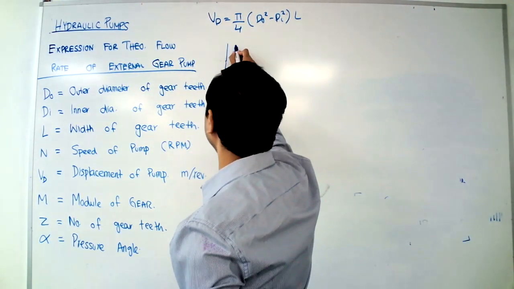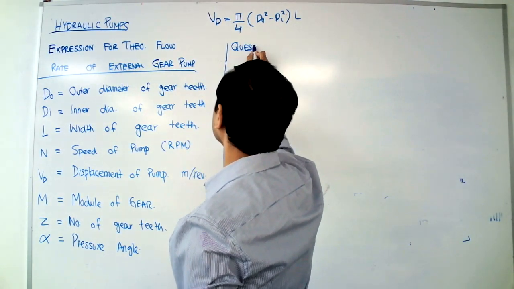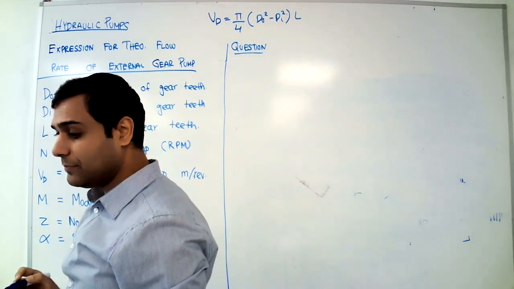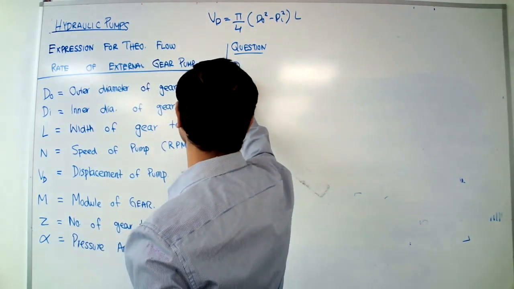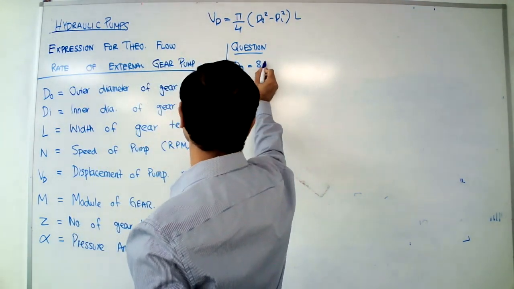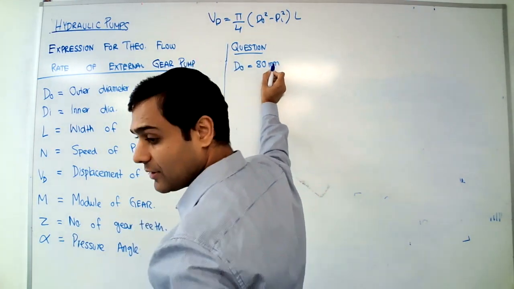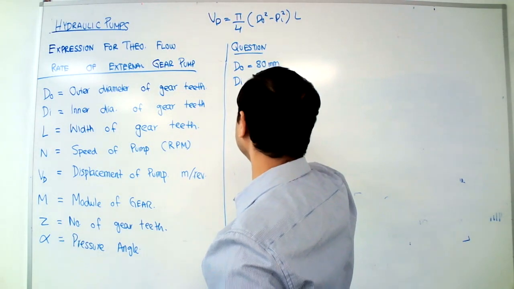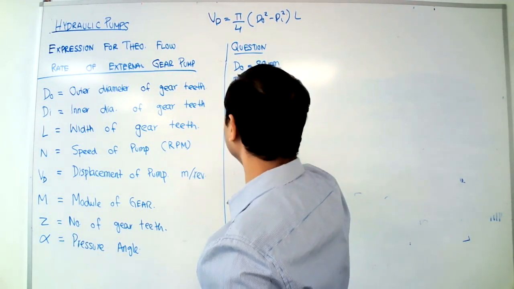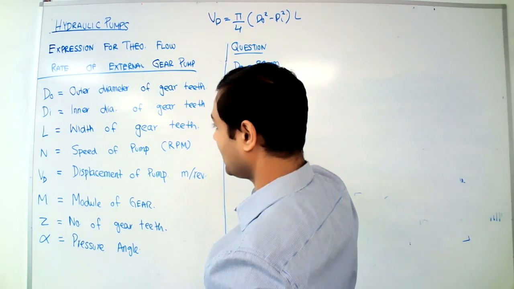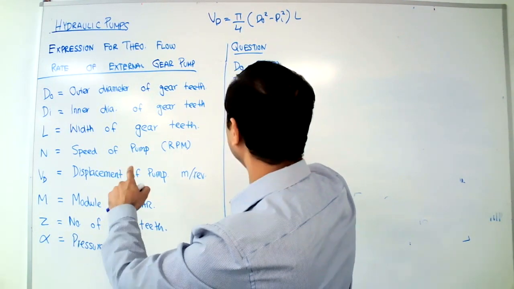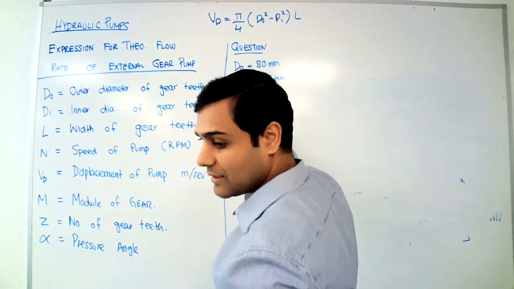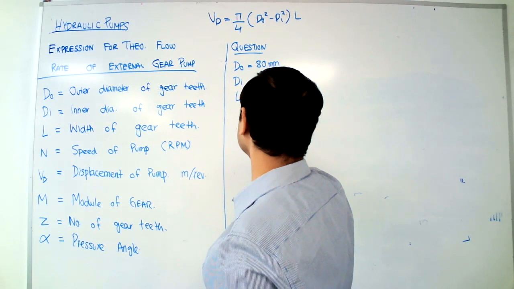Okay, let's say we got a question where you are given a gear pump with an outer diameter. So D outer is given as 80 millimeter. The inside diameter, which is DI, is given as 55 millimeter. The width, which is the L, is given as 25 millimeter.